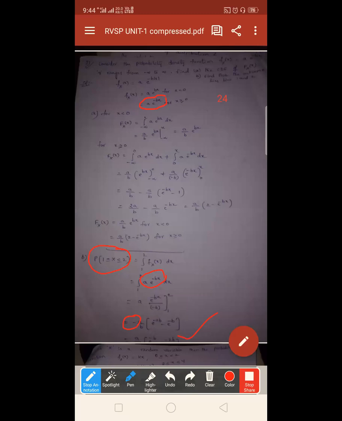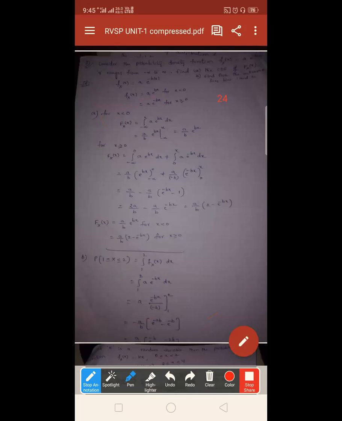Okay, so integral minus infinity to x you have to write, because here for negative values of x we are solving for cumulative distribution function for the negative values of x. That's why you have to write minus infinity to x. Upper limit should be x only. It should not be a numerical value.